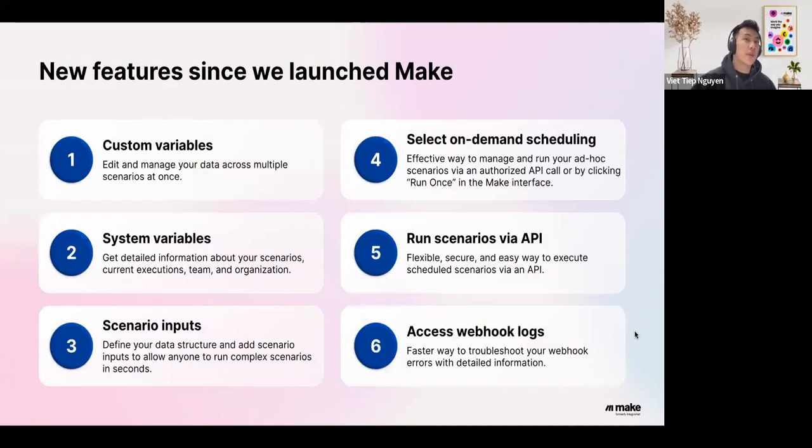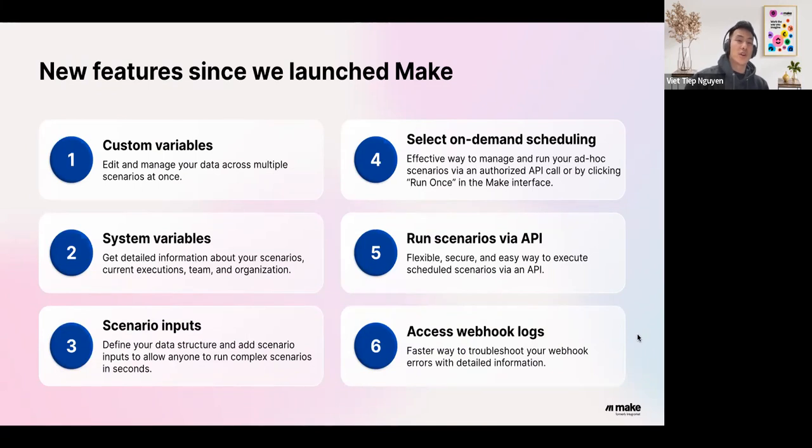Aside from those that we communicated during the launch, there are also a lot of things, as we are not slacking off and put continuous effort into new features. So there are custom variables, system variables, scenario inputs, on-demand scheduling, running scenarios via API, as well as accessing webhook logs, which was highly anticipated.